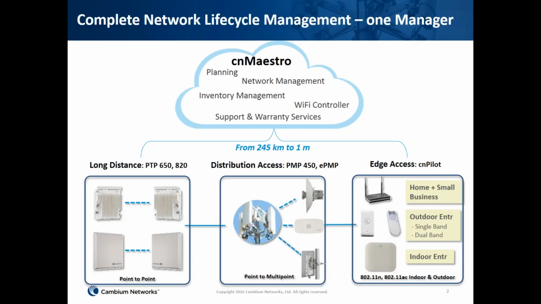And all of this will be managed under a cnMaestro product, which is a great management tool for managing all of your products under this one single pane of glass, a cloud-based tool or on-premise tool, which we just released a new version of. It has a really slick look and incorporates all of the 450 products under that umbrella.